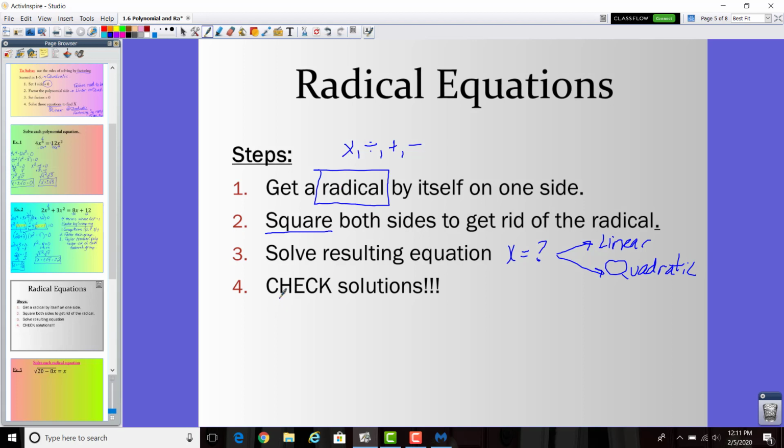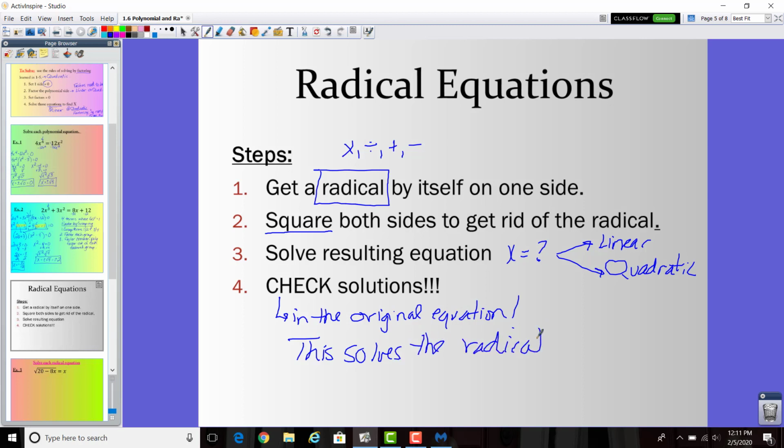So our fourth step is to check our solutions in the original equation to figure out which one works. Okay, so we're going to plug our x's that we get here into our original radical equation. This is the step that solves the radical equation. If we don't check it, we haven't solved the radical equation yet.